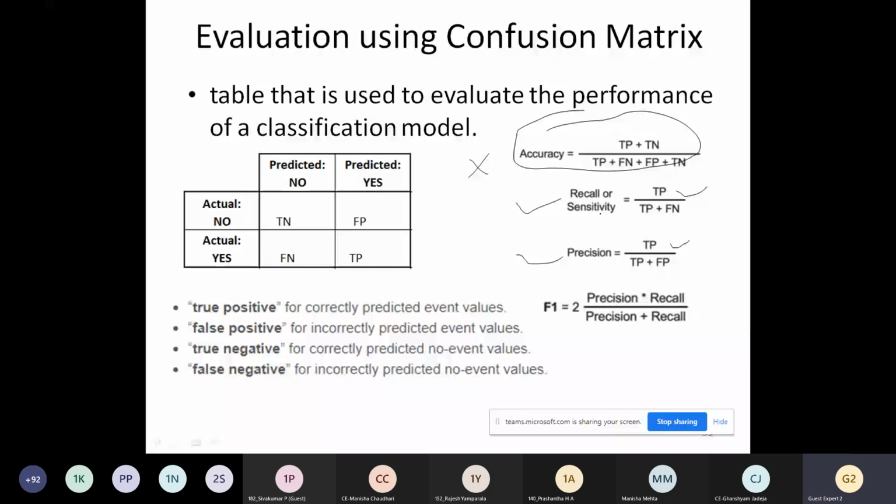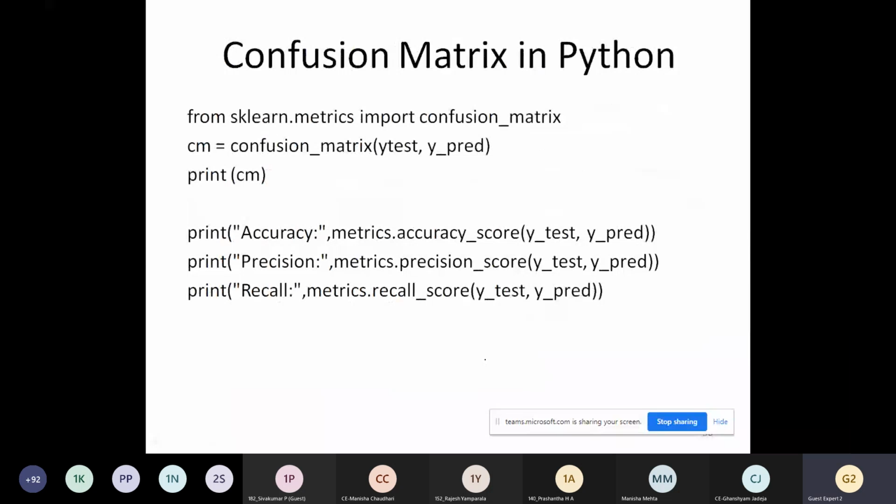Using precision and recall, the F1 measure is created, which is equal to 2 into precision into recall upon precision plus recall. So F1 is used to measure the performance of the classification. This is the code using which you can find out the confusion matrix in Python.